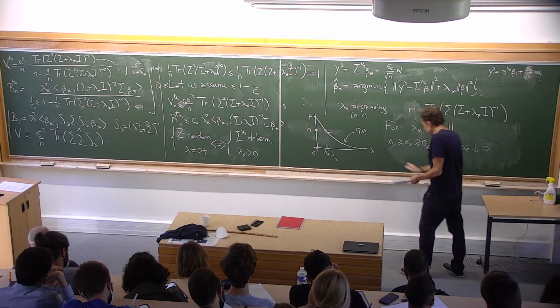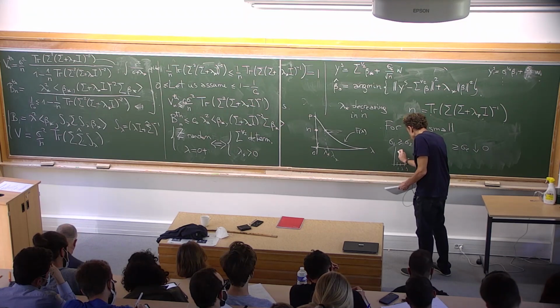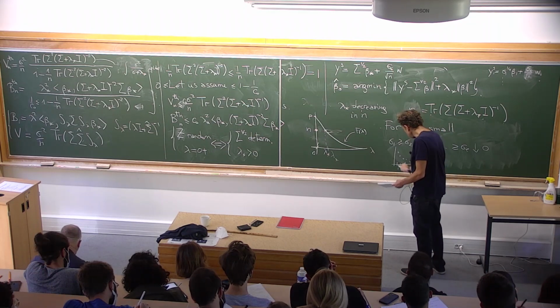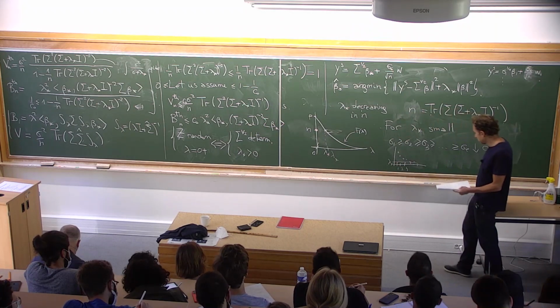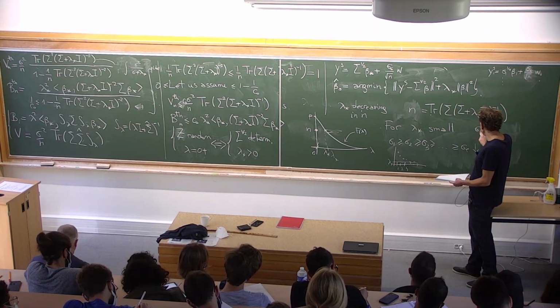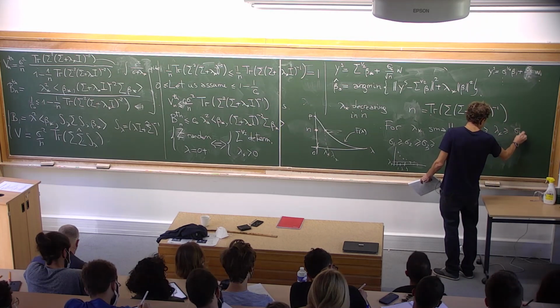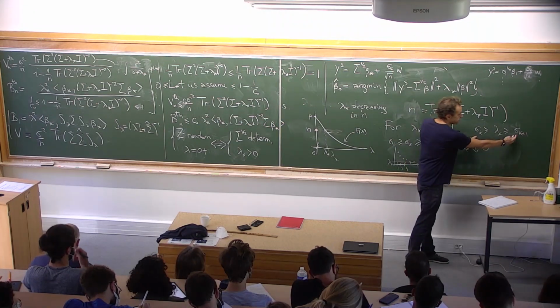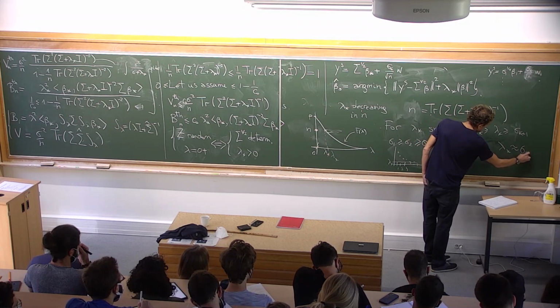If they decay to 0, the eigenvalues will be 1, 2, 3. I can find where lambda star sits somewhere here. I can find a k such that sigma k is bigger than lambda star, which is bigger than sigma k plus 1. And in fact, since these decay to 0, this difference will be very close. So I can assume perhaps that lambda star is very close to sigma k.